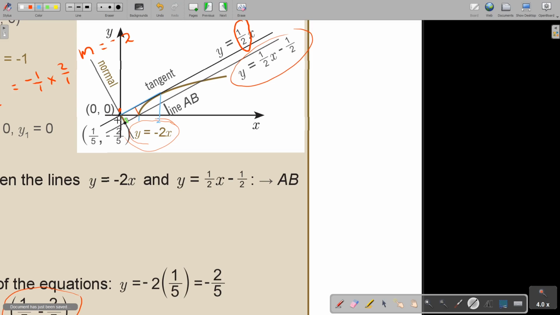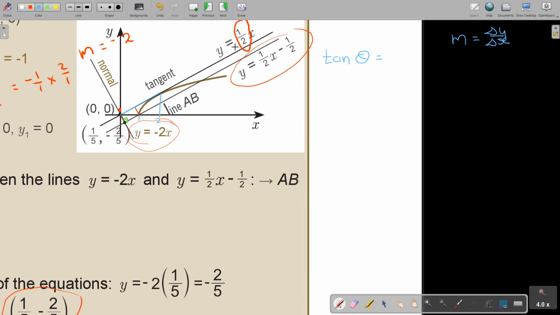Now remember, this is why I said tan there. If you have tan theta, why is it tan? Because don't forget, what is the gradient? The gradient is delta y over delta x.